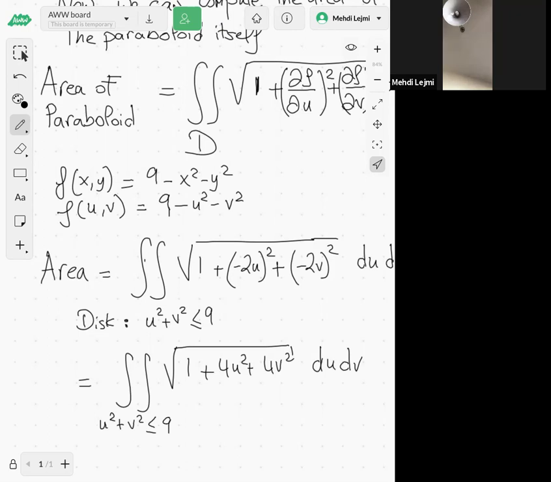So, of course, here you're going to have a little bit of trouble computing this integral. So the idea, of course, would be to use polar coordinates, because the region is just u squared plus v squared less or equal to 9, the interior of the circle.